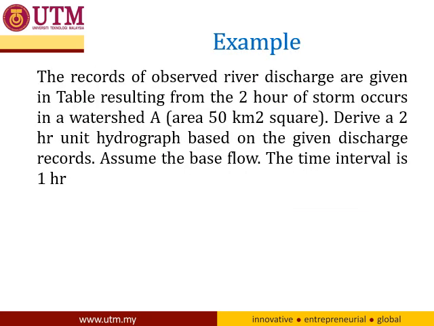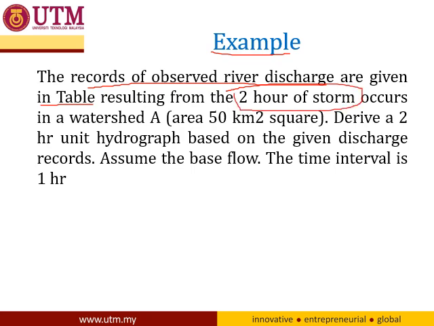Okay, so this is an example. For example, there is a record of observed river discharge given in the table. So you may look at your notes. There is an observation of river discharge shown in the table from a 2-hour storm.